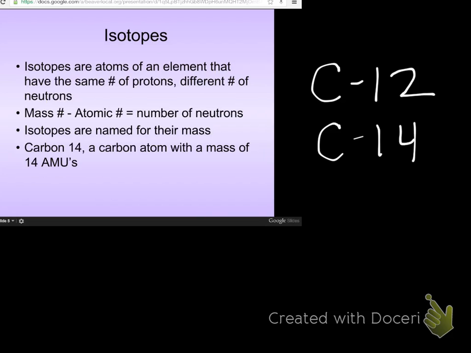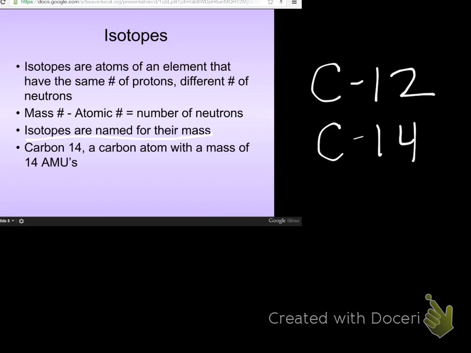If you have an isotope of cobalt with a mass of 60, guess what we call it? Cobalt-60! Yeah. So, I'm not above putting a question like that on your test, and you'd be amazed that a few people miss them every year. Like, what is the mass of carbon-14? 14 AMUs. Yep. So, isotopes are named for their mass.